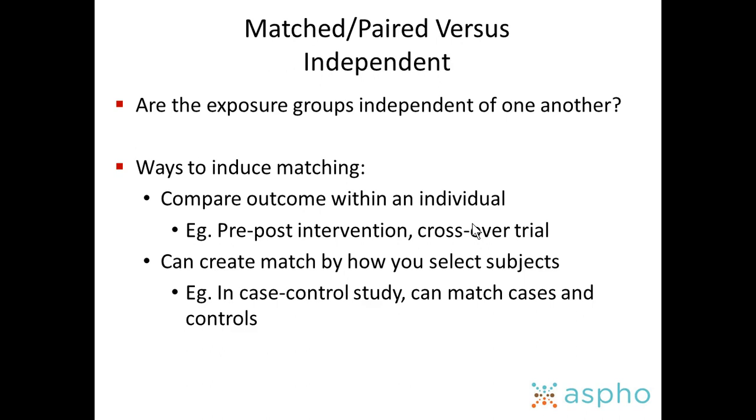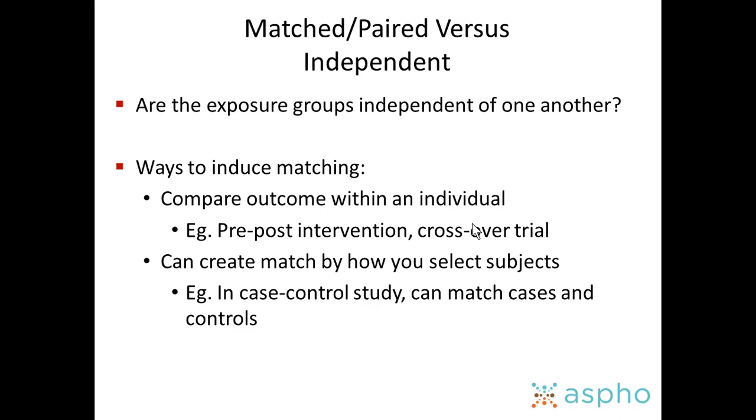We can also create matching in observational trials, and the most common time that that's used is within case control studies. So let's say that we're doing a case control study and we want to see whether there's an association between maternal smoking and infant ALL. What you're going to do is you're going to find a bunch of kids with infant ALL, and now we need to find controls without infant ALL.